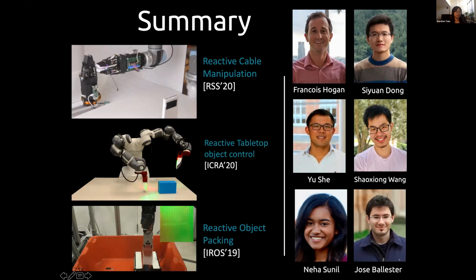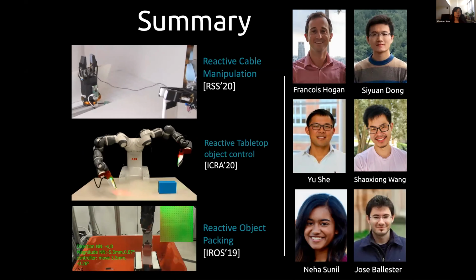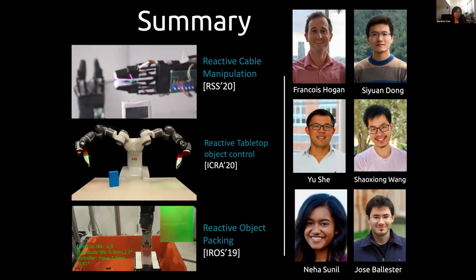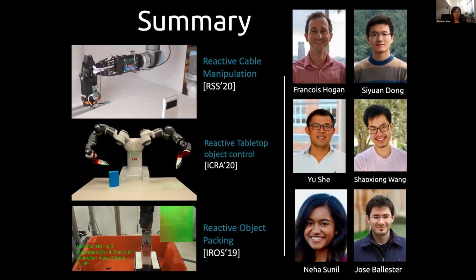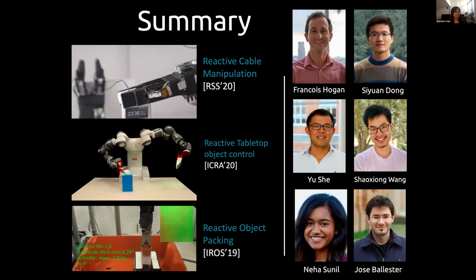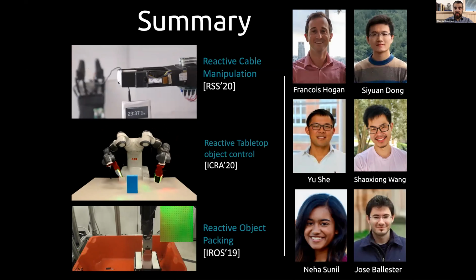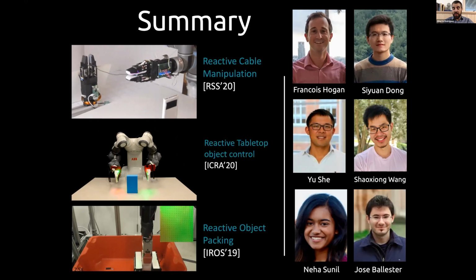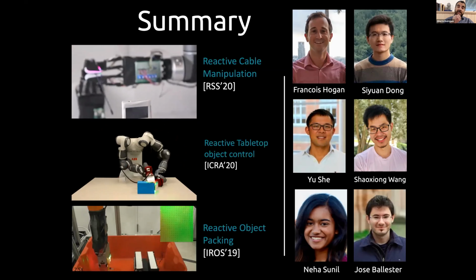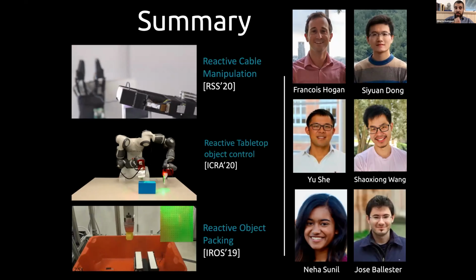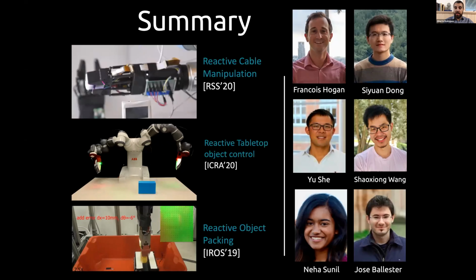Okay, so there's a question from Shan. In the cable manipulation project, how did you get the ground truth of the cable trajectory? The ground truth of the cable trajectory in the fingers. The key idea here is that we don't have to know where the cable is.